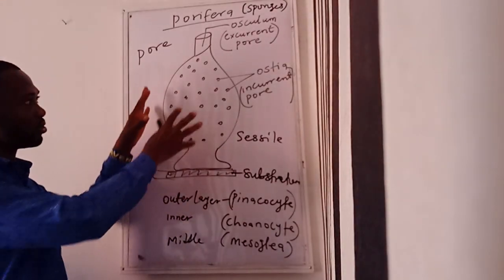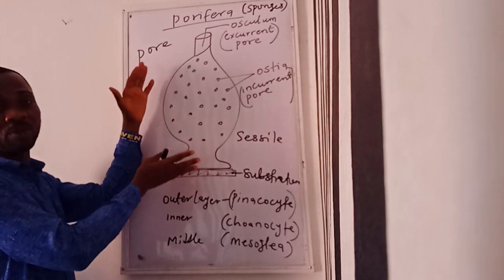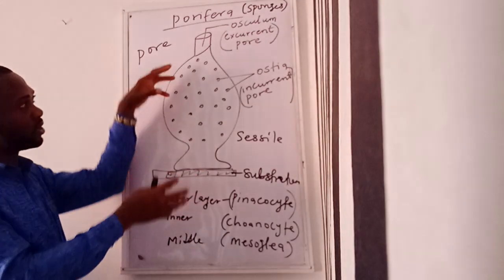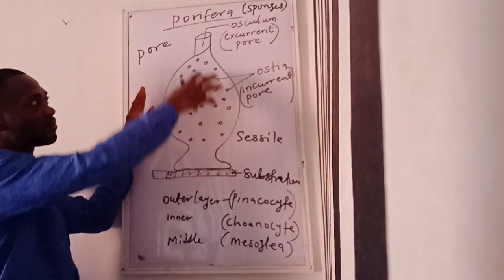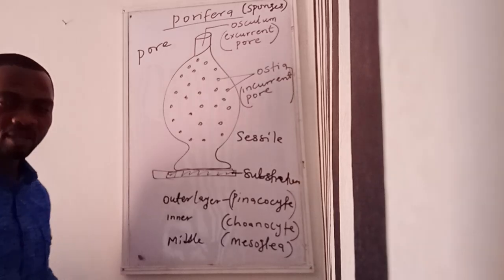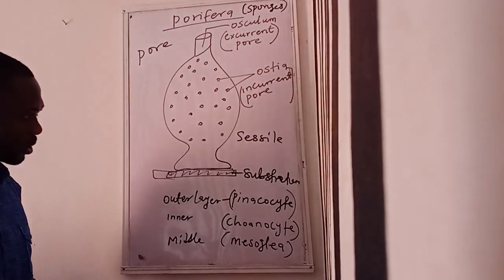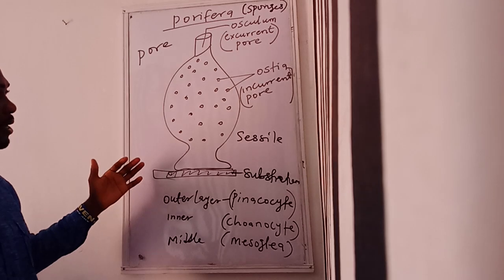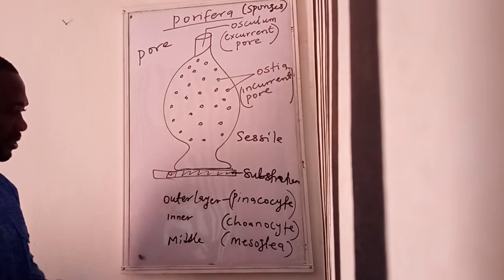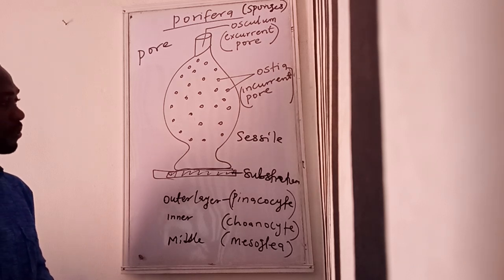The spicule or the skeleton helps to maintain this structure, just like the normal function of a skeleton. So it gives support to the organism. I think these are some of the basic characteristics of this organism called porifera.